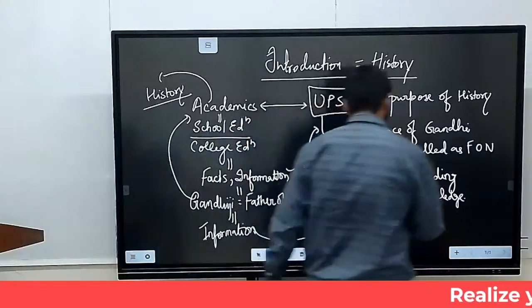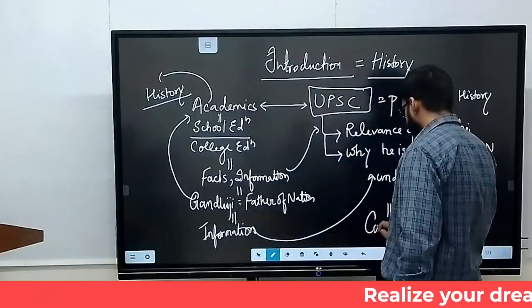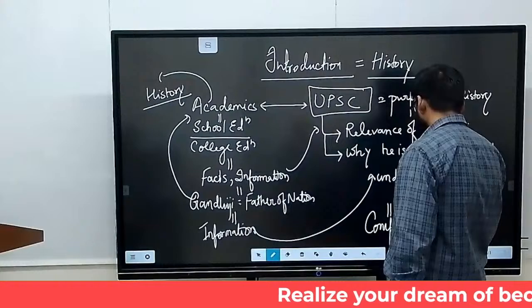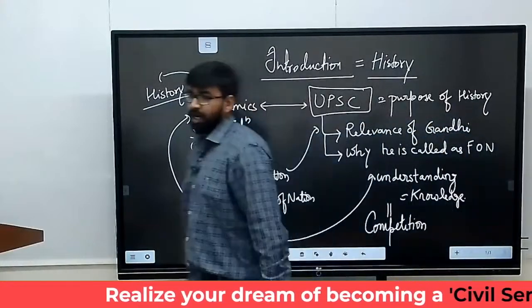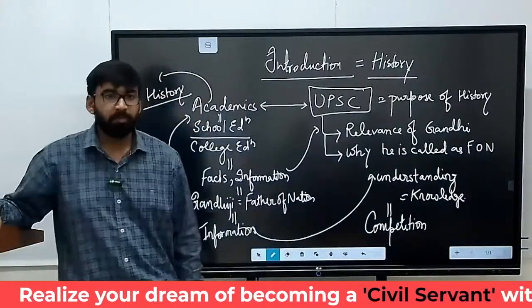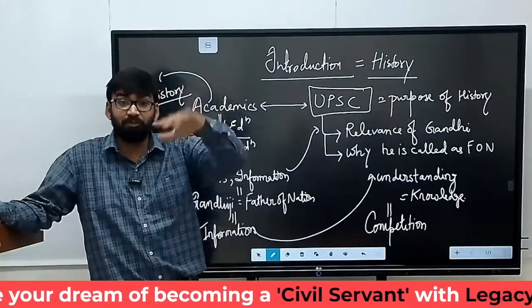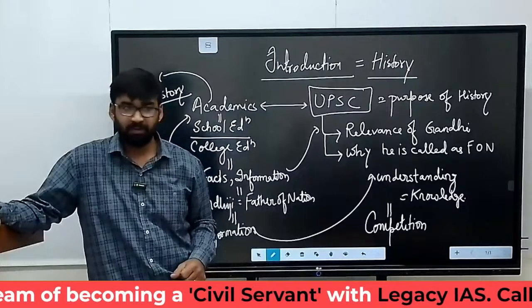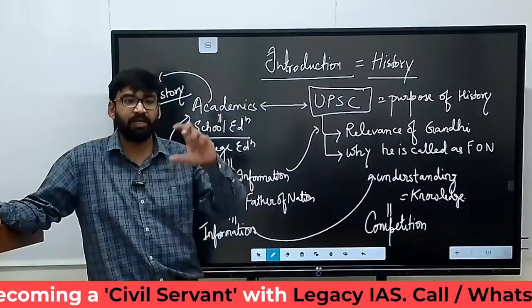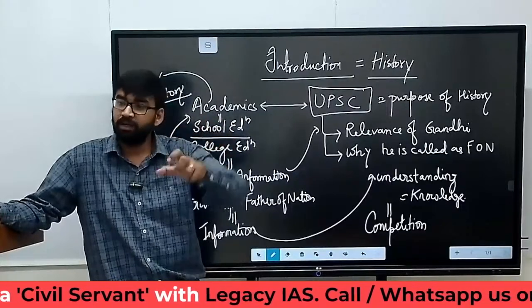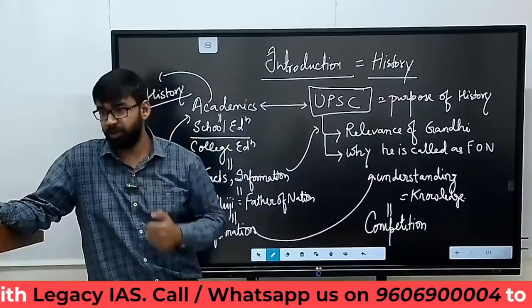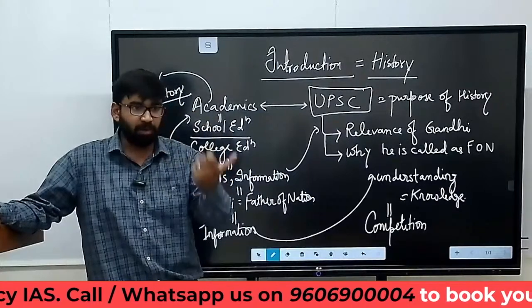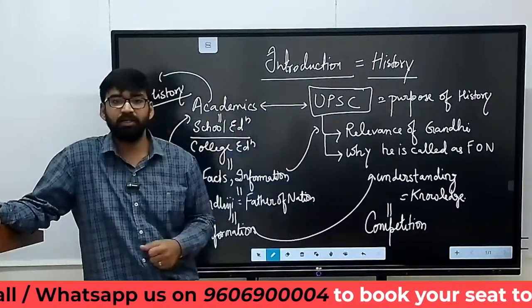And this is called competition. Why competition? Gandhi is the same for everyone, but the understanding of Gandhi differs in every person. And UPSC considers that understanding only. You will get marks based on your understanding.